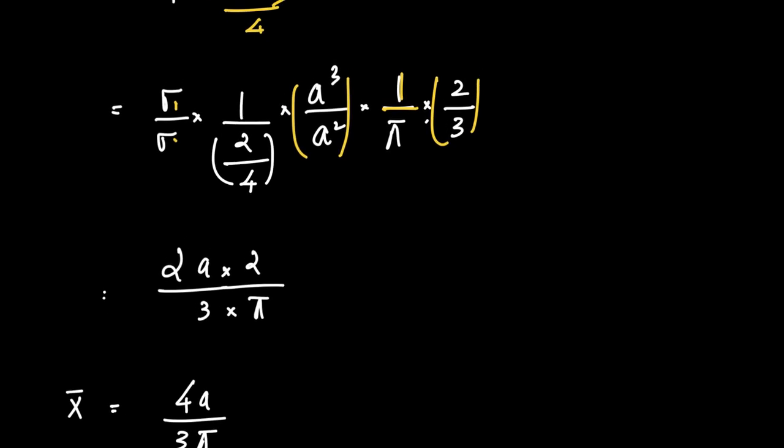Okay, now let's do the simplification. Pi by pi is 1, a cube by a square is a, 1 by 2 by 4 becomes 4 by 2, right? Wait, did I miss anything here? This becomes 2 by 3.